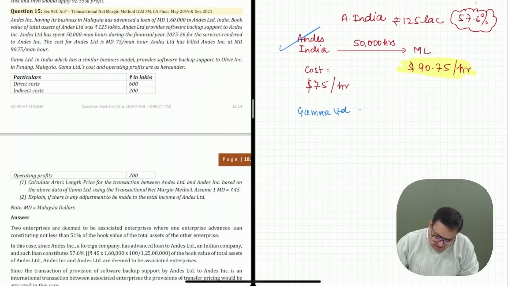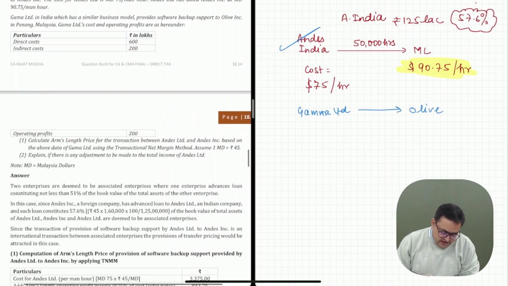So there is a similar transaction between Gamma and Olive. They are just other people of the same industry, and they say cost and operating profit are as under: direct cost 600 lakh rupees, indirect cost 200 lakh, operating profit 200 lakh.